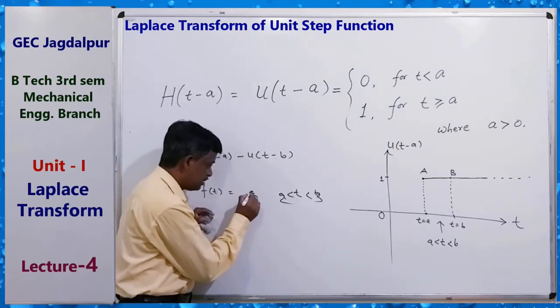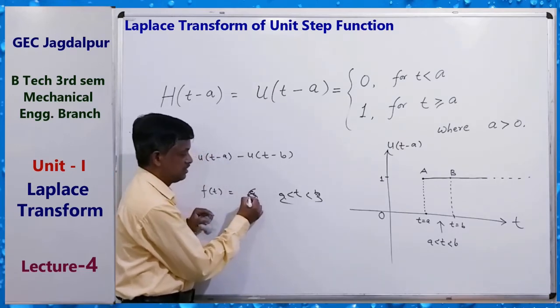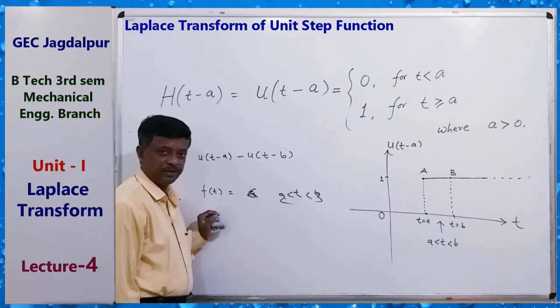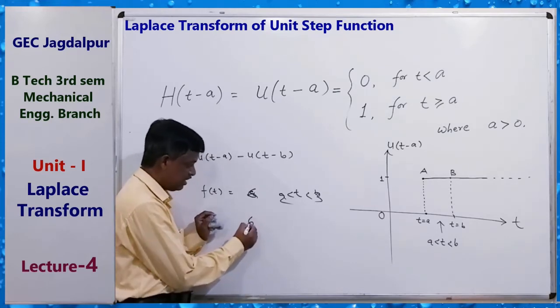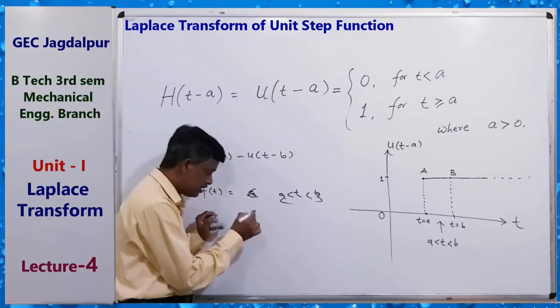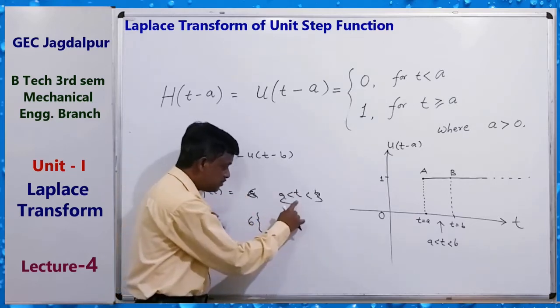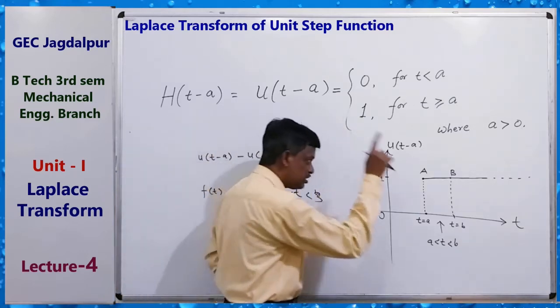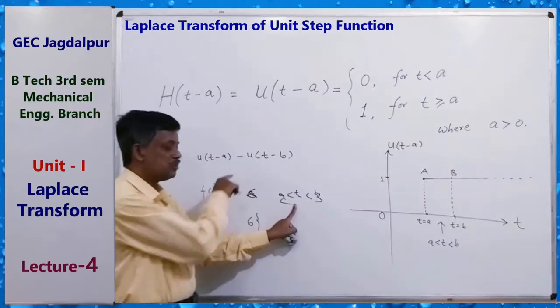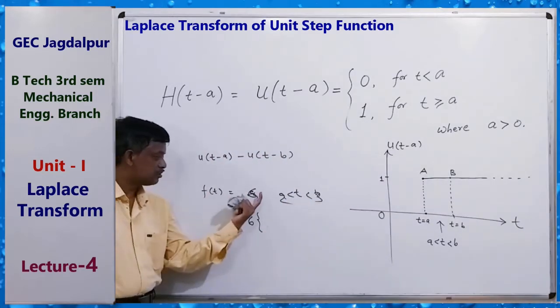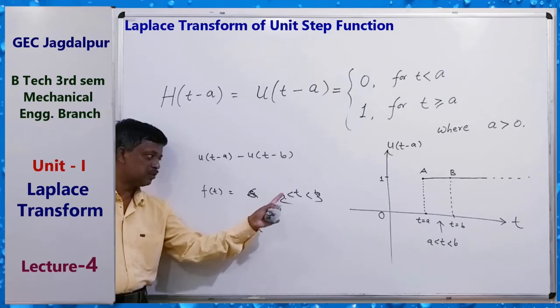Suppose the value of the function here is 6, then we can write 6 times the unit step function in this range. So if the function equals 6 when t lies between 2 and 3, then the value of the function is 6 times the unit step functions: u(t-2) minus u(t-3).